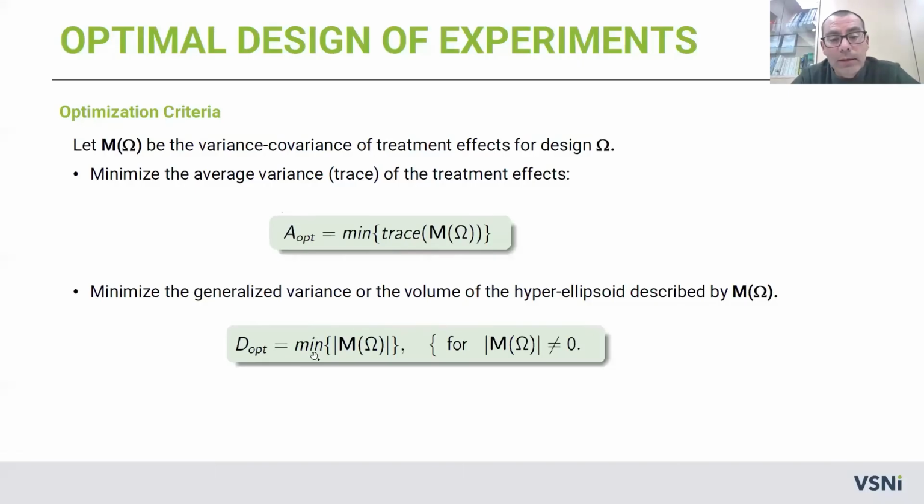And the D optimality is trying to minimize the determinant of that matrix, which is the hypersphere or hyperellipsoid of that. It's a different criterion, also widely used, but computationally more intensive. So what I can do is generate hundreds of designs, and I can evaluate which one gives me the better A optimality value. Or I can start from one design and swap things until I find a better design.